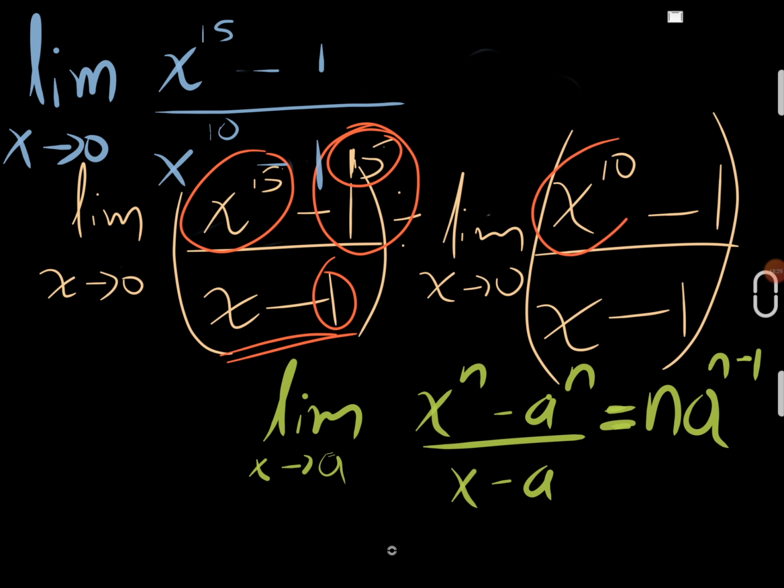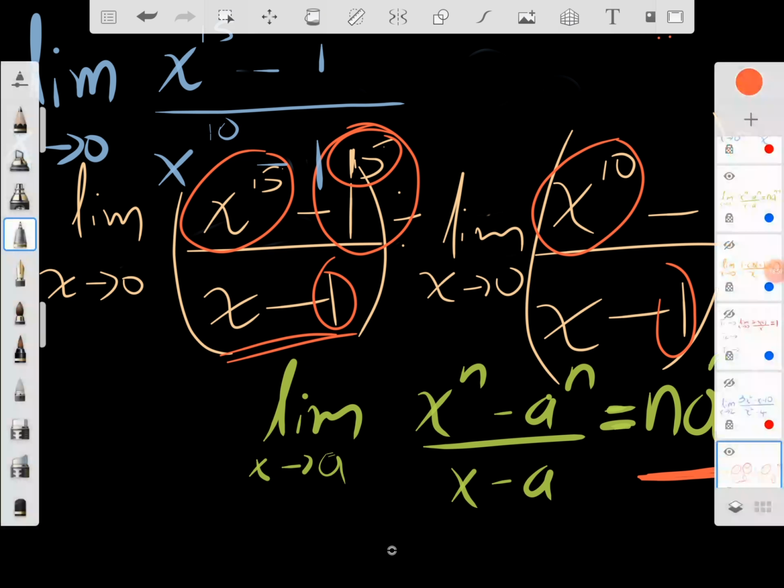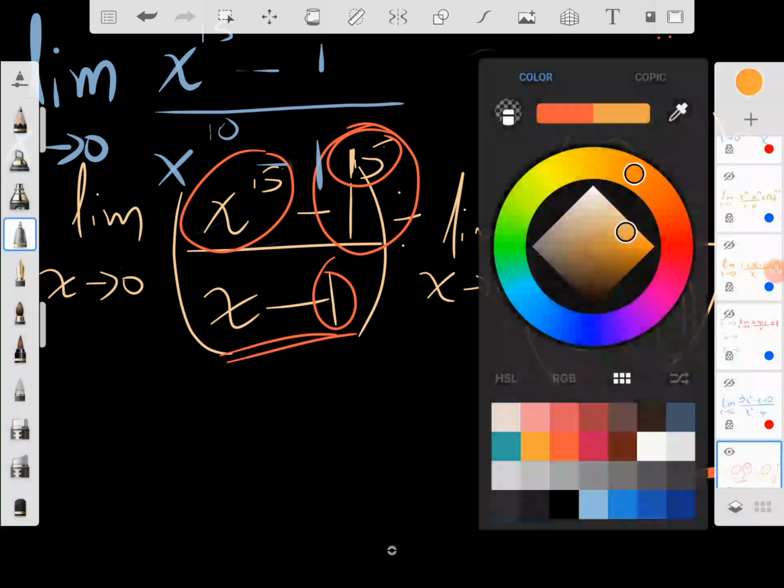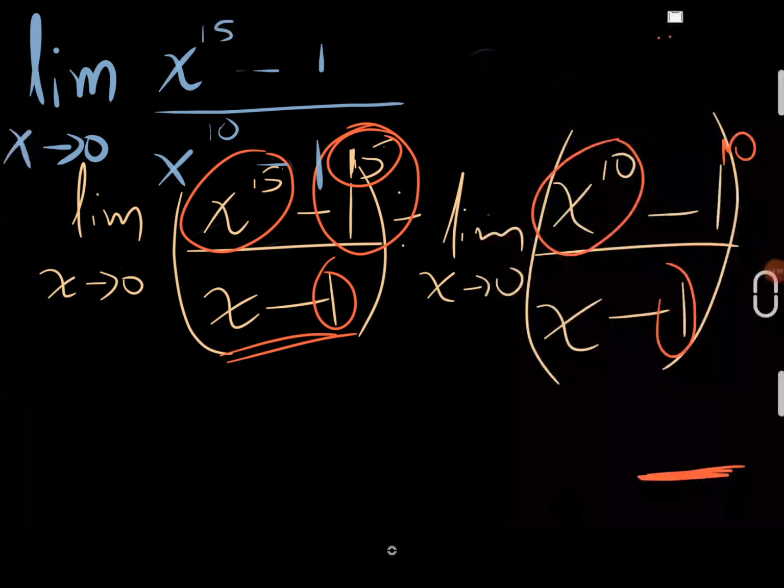Here also x to the power n minus a to the power n, 1 to the power 10 is also 1, then x minus a, x minus 1. So you see that both the things are in this format. So what does it approach? It approaches n times a to the power n minus 1.